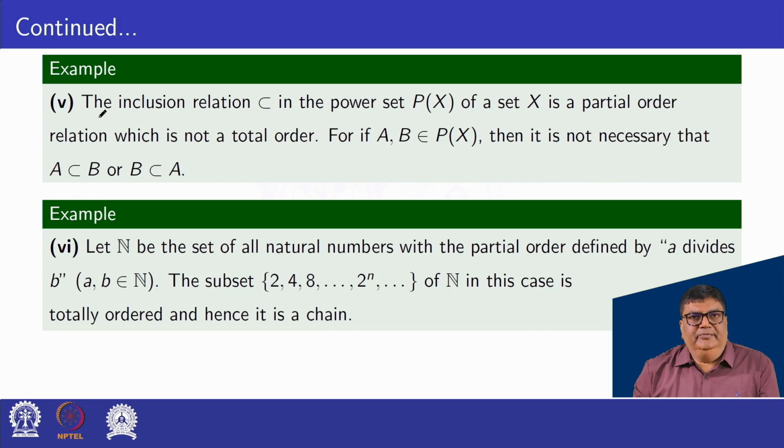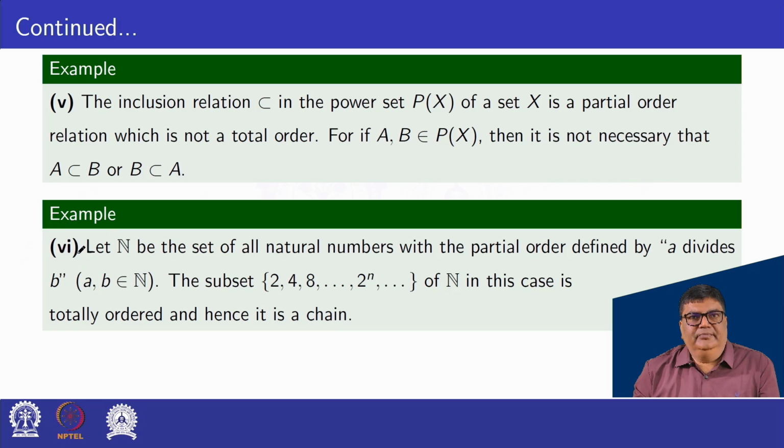For example, the inclusion relation, subset, in the power set P(X) of a set X is a partial order relation which is not a total order. For if A, B belong to power set of X, then it is not necessary that A is a subset of B or B is a subset of A.